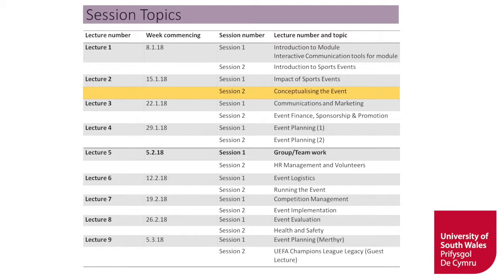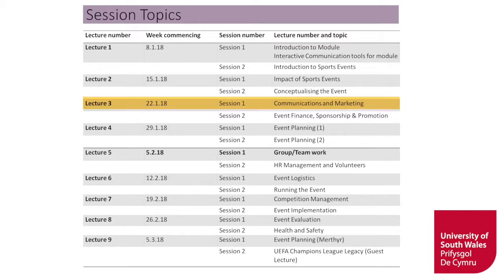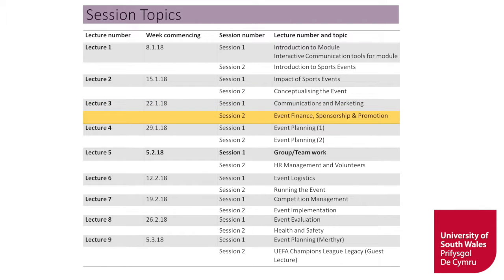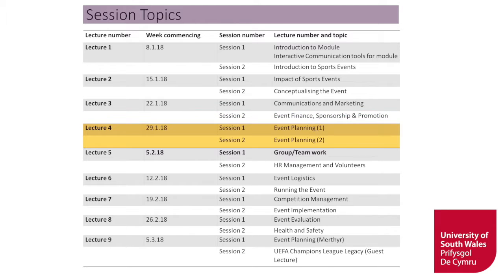So what are the real benefits of delivering an event, and maybe look at some of those SMART objectives that we referred to earlier within the assignment brief. We'll look at the communications and marketing tools that you could use when delivering your own event. Then we'll explore finance, sponsorship and promotion before going into looking at the event planning process, to which 2 sessions are devoted to that topic.